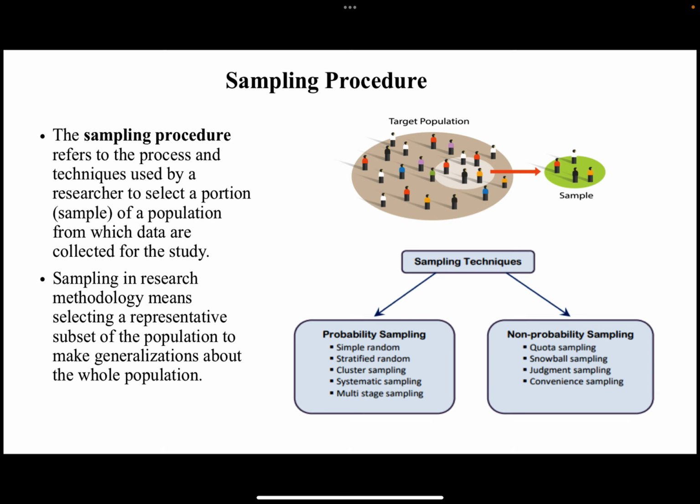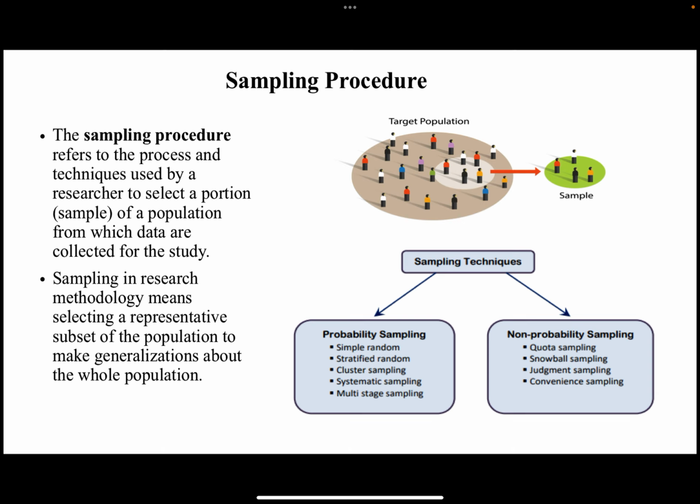What sampling procedure means. When we say sampling procedure, it basically refers to the process and the techniques that are used by researchers to select a portion, which is what we call a sample, from a larger group known as a population. You remember that in research, you would have a study population or a target population. But usually, you will not collect data from all the individuals within your target population.